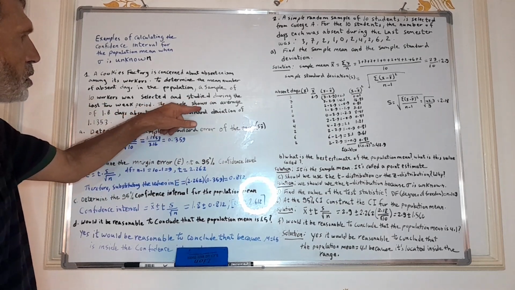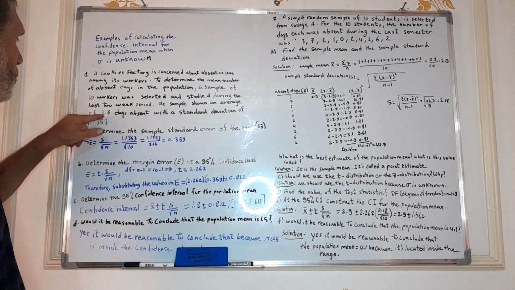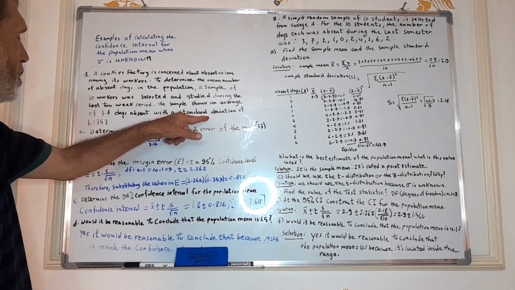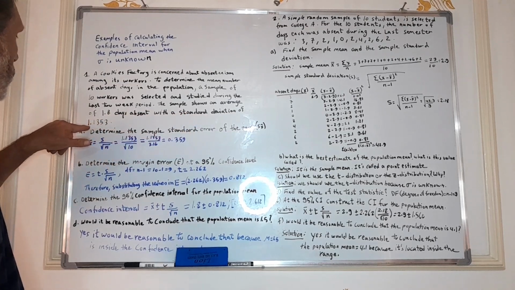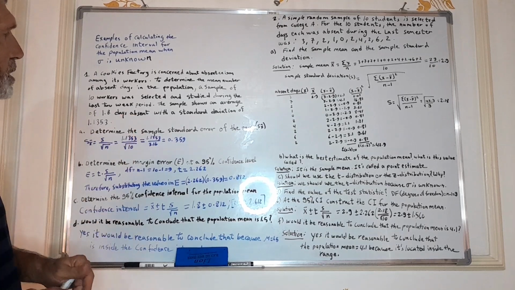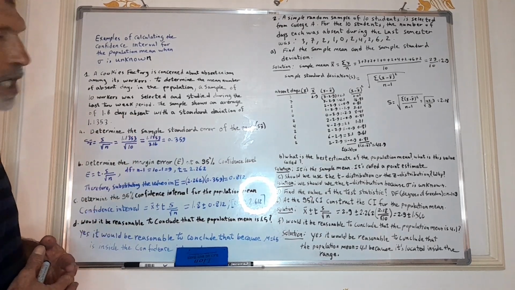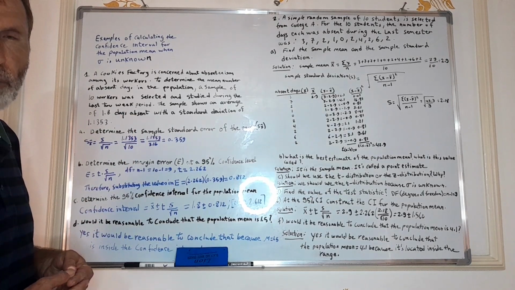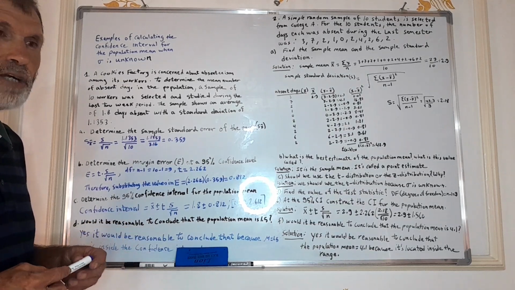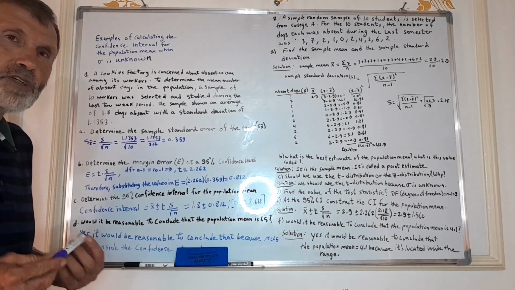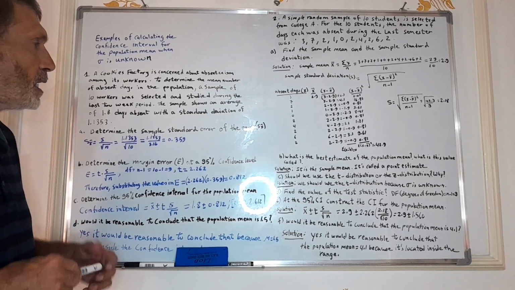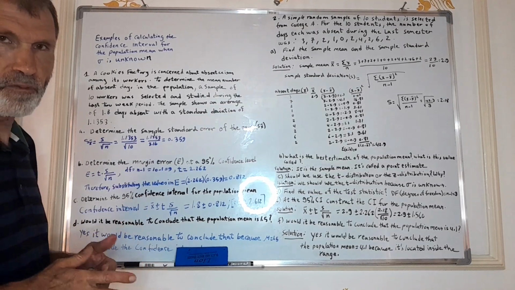The sample shows an average of 1.8 days absent with a standard deviation of 1.1353. So here, as you can see from this example, we don't have the standard deviation of the population. We do have the standard deviation of the sample. Therefore, since the standard deviation of the population is unknown, we have to use a different formula of the confidence interval.